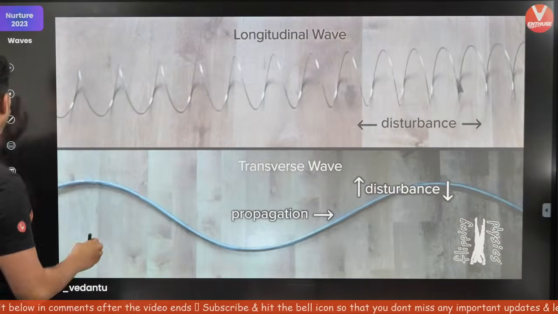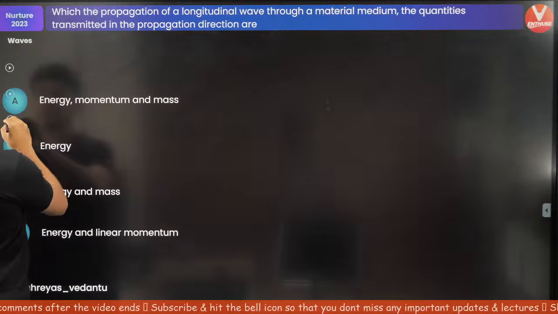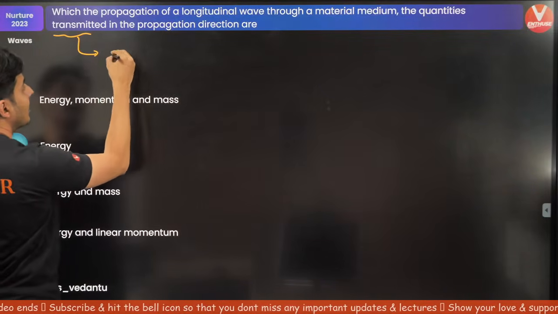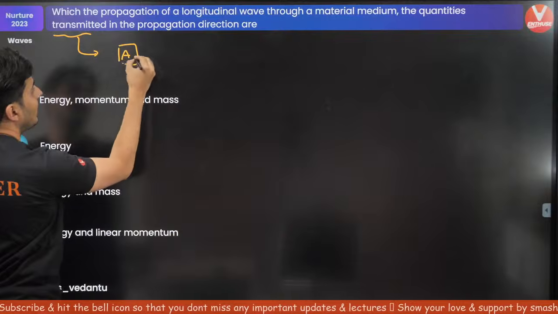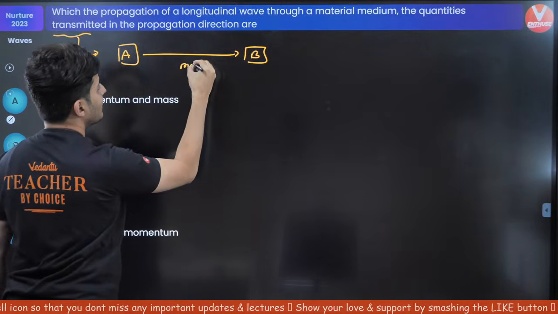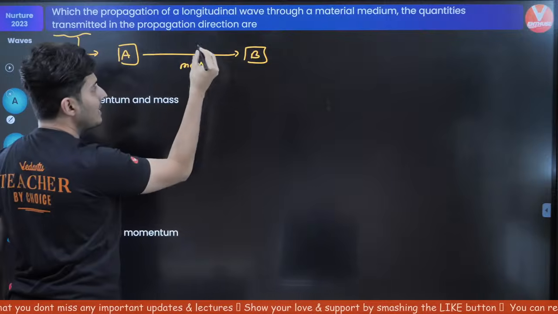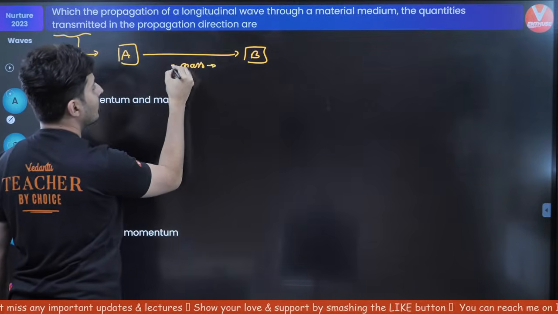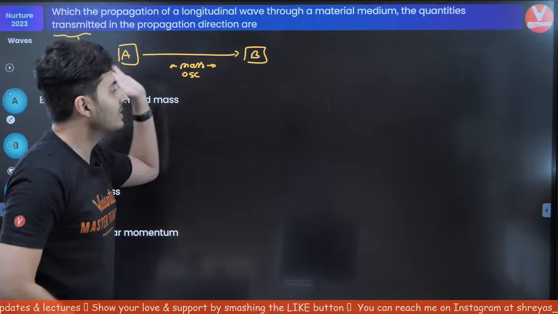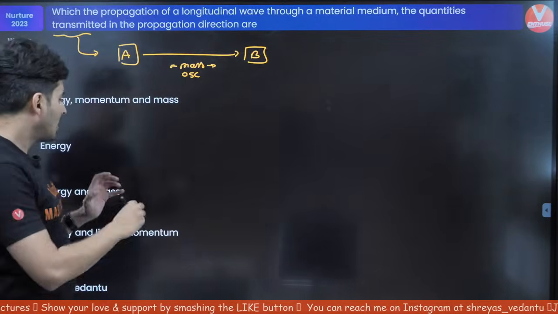Transmitted means it should travel from point A to point B. The mass of that particular medium just keeps oscillating back and forth. It does not transmit from one point to the other.